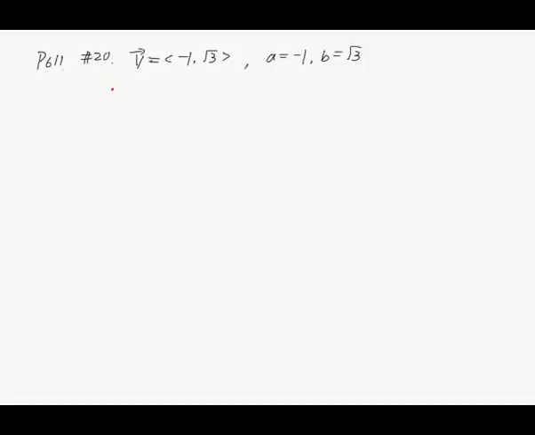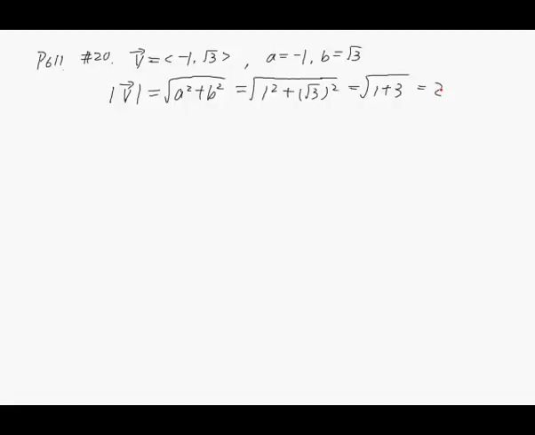Now let's first find the magnitude. The magnitude of v is equal to the square root of a squared plus b squared, and this is equal to the square root of 1 squared plus the square of root of 3, which is 1 plus 3, so that is equal to 2.